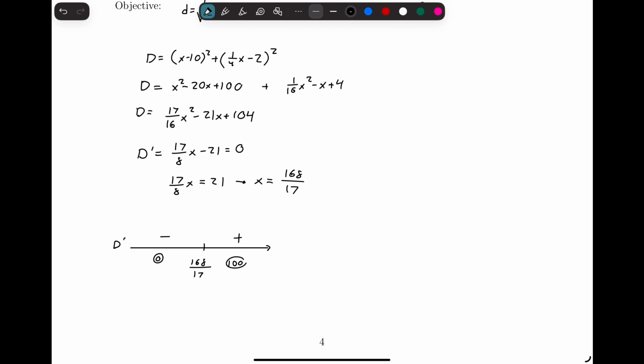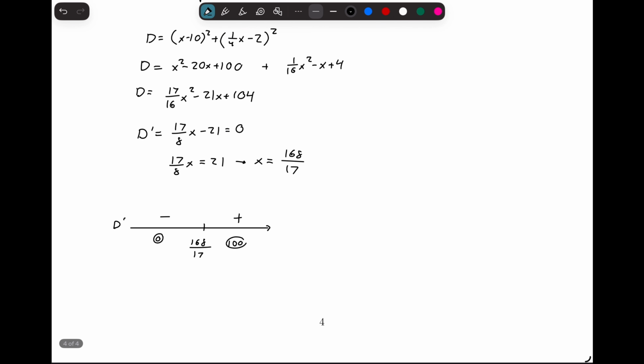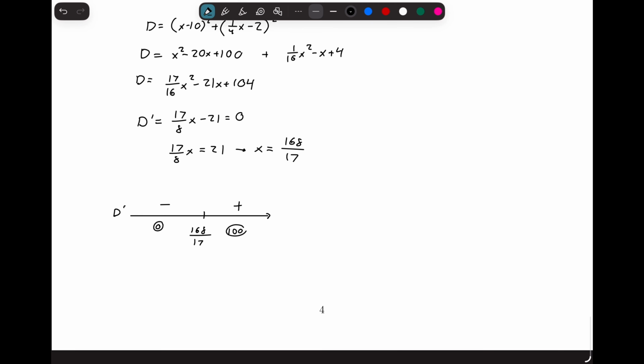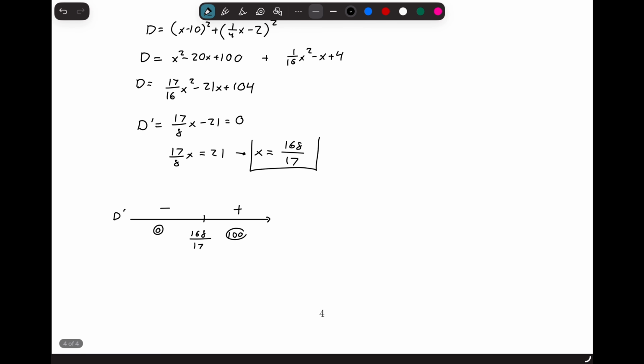Not just assume, but we know it's positive. And this is telling us that 168 over 17 is a minimum, whereas in problems 1 and 2, those are maximums. But this is good because we're trying to find the closest point of the strike. We're trying to minimize that distance. So that means we know x is 168 over 17.